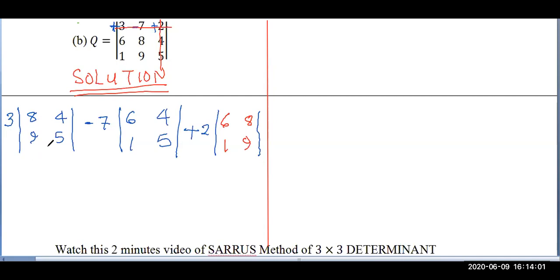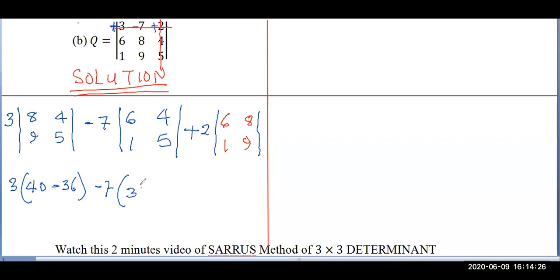So the next thing is a 2 by 2, which you just start doing as 3 multiplied by 8 times 5 is 40, primary minus secondary. 9 times 4 is 36, minus 36. Then minus 7 multiplied by the answer from here. This is terminal. 6 times 5 is 30. Primary is done.